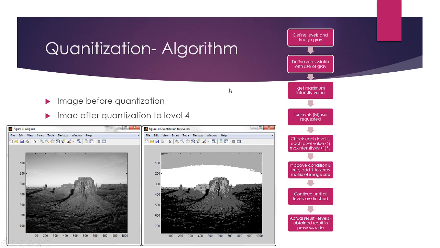So I have defined a zeros matrix of the same size, because when I'm doing quantization, I don't want to change the size of the image. Keeping the same size of image, I just want to cut down the levels at intensity of each pixel.